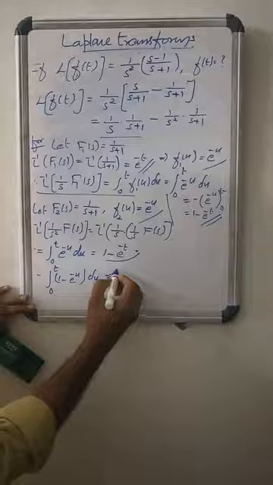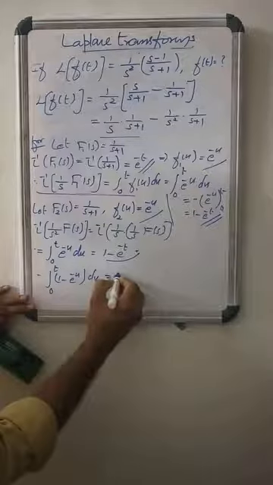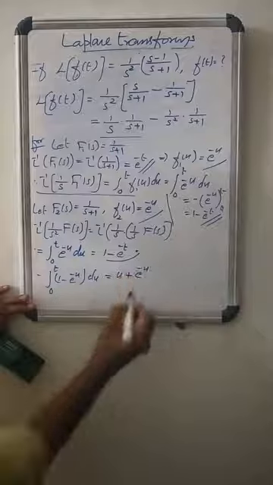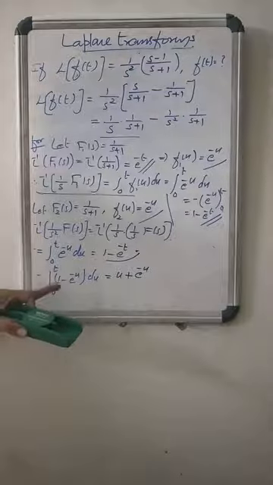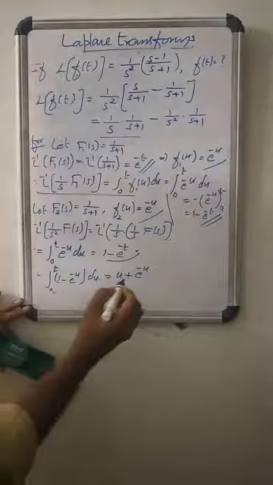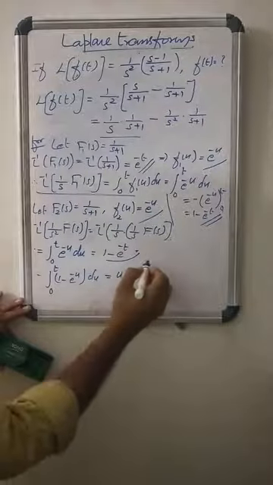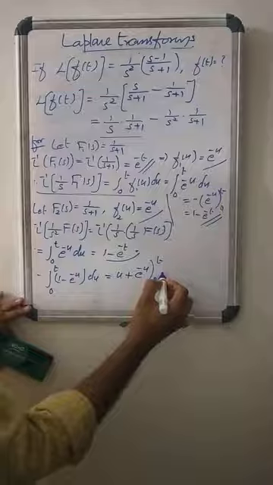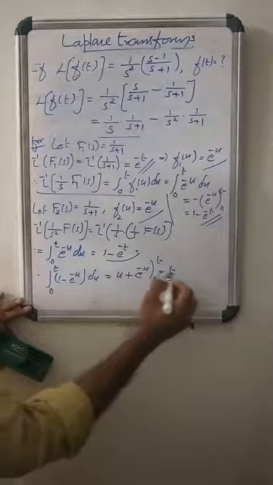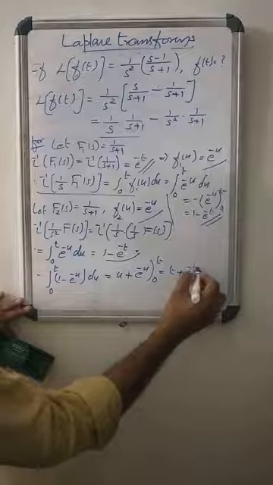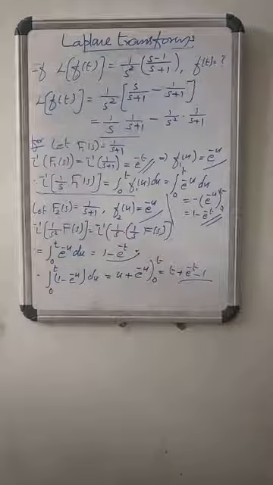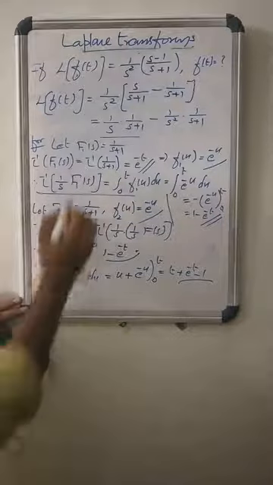Integral of 1 du is u, and integral of e power minus u is e power minus u by minus 1. From 0 to t, it equals t plus e power minus t minus 1, by applying the upper and lower limits.